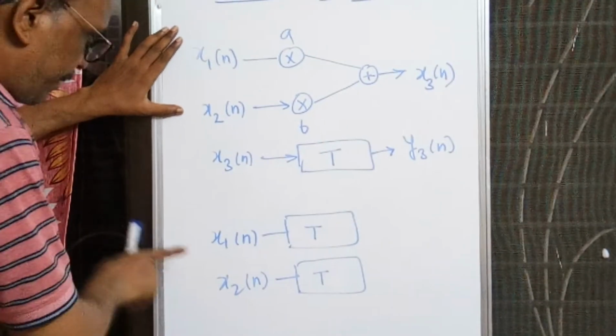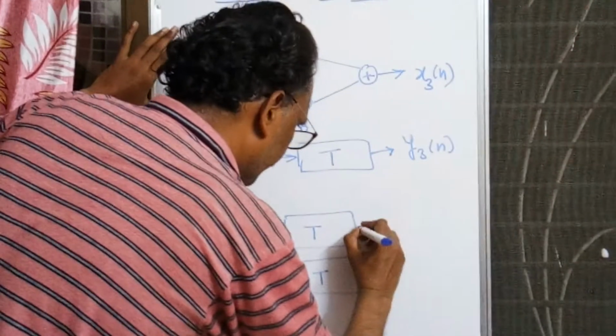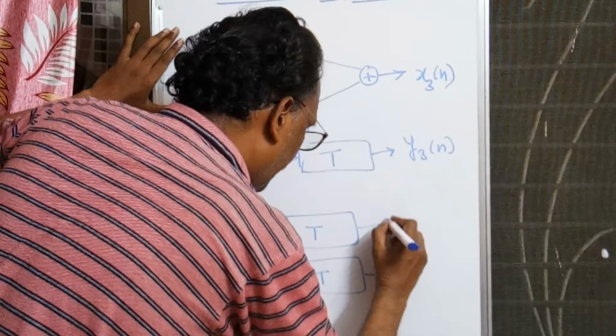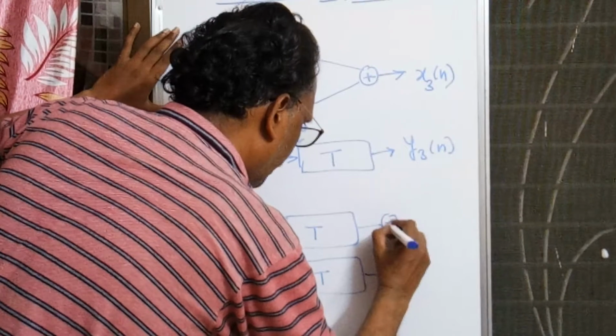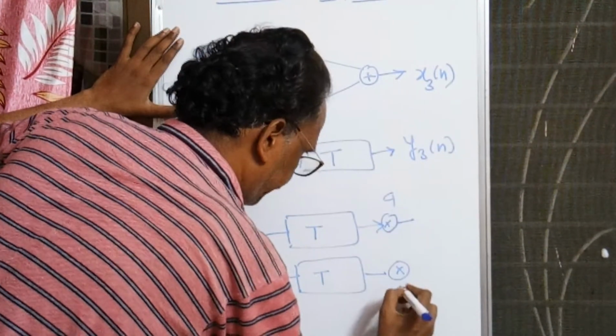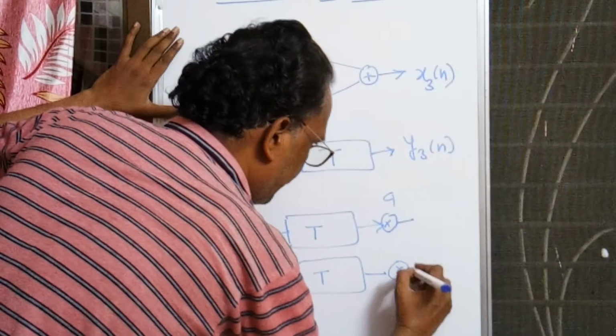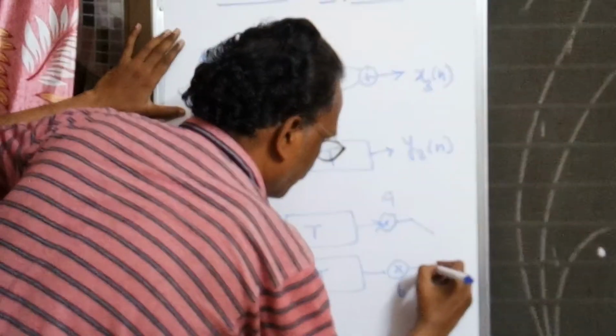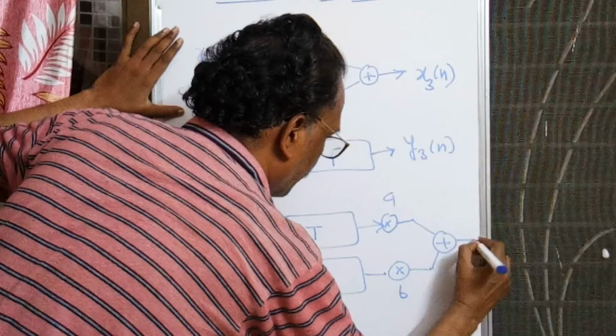But in this case I am passing the inputs through the system, and the individual outputs of the system are multiplied by a and b, and then those outputs are added.